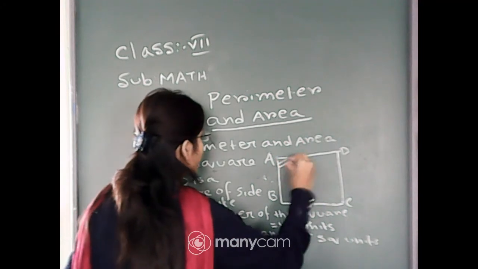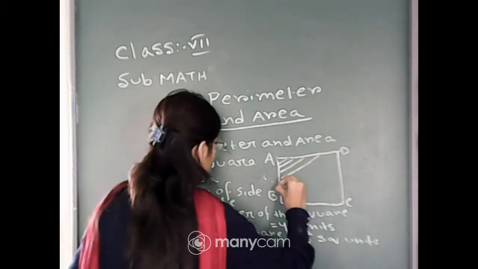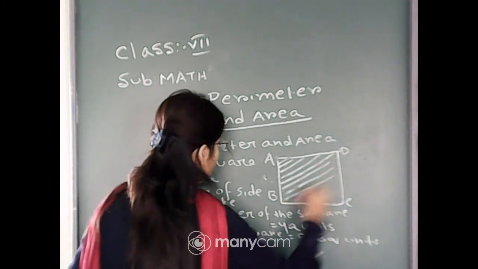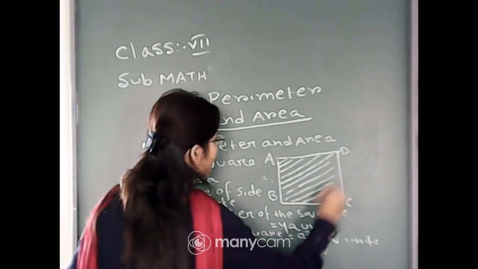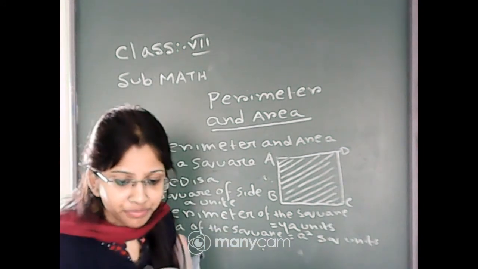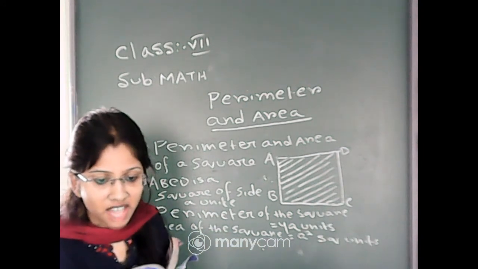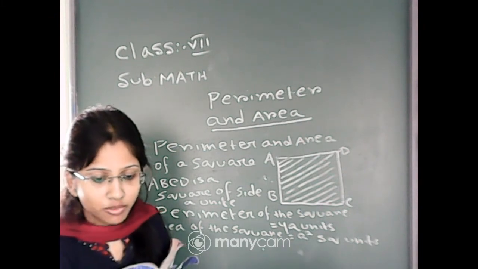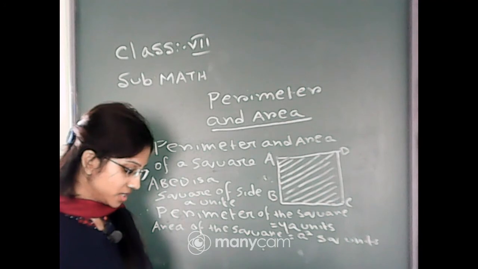The shaded region is the area of the square. Area measures the inside space of a shape. Up to this portion, any problem, students?